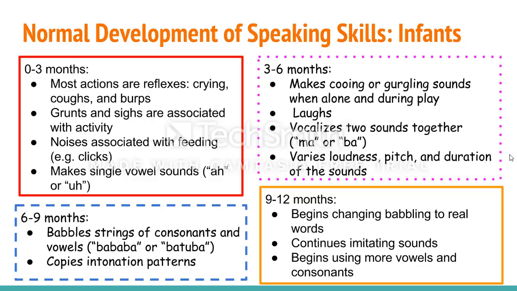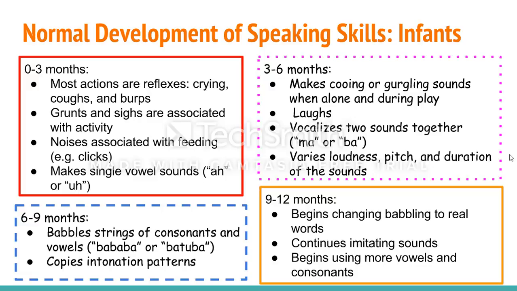From 3 to 6 months, they will make cooing or gurgling sounds when alone and during play. They will laugh, and they will vocalize two sounds together. For example, ma or ba. They will vary loudness, pitch, and duration of the sounds. From 6 to 9 months, they will babble strings of consonants and vowels.